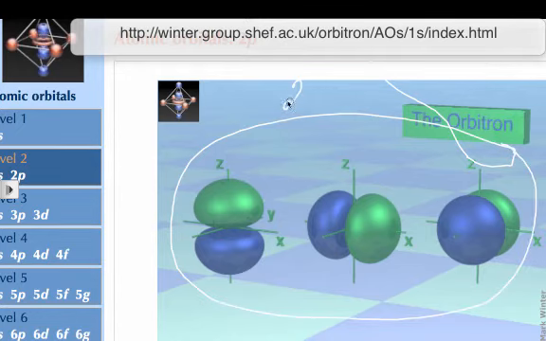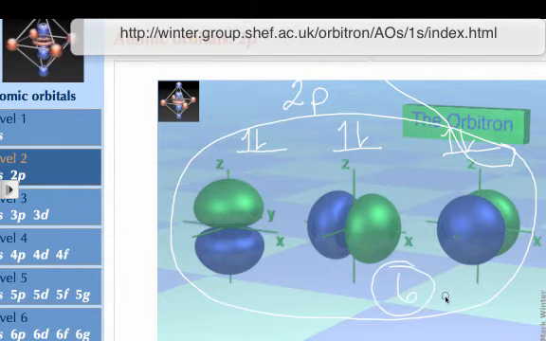So this is 2P sublevel. Within the 2P sublevel, there are 3 orbitals. And each orbital is going to hold 2 electrons. That's why the P sublevel can hold 6 electrons.